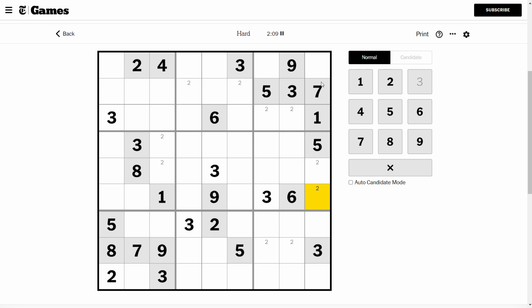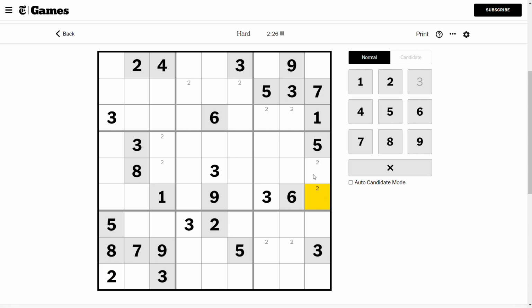Or the other way to spot this is to directly look at column 9. In column 9, 2 is still a missing digit. This cell sees 2, this cell sees 2, and this cell also sees 2. So in column 9, the digit 2 is forced into one of these 2 cells.